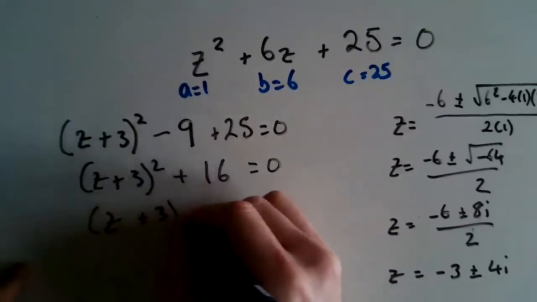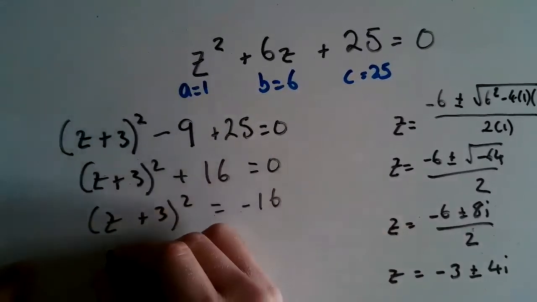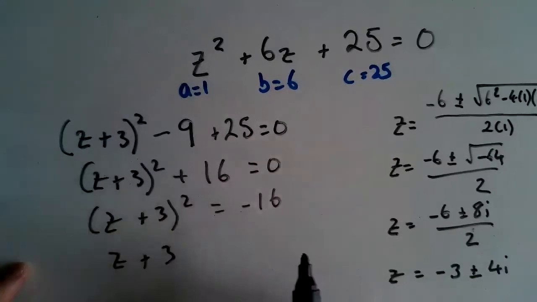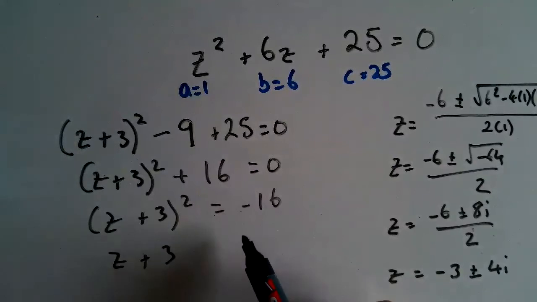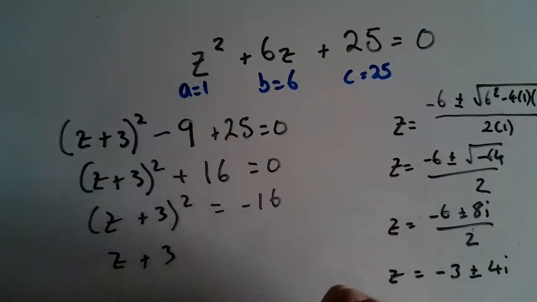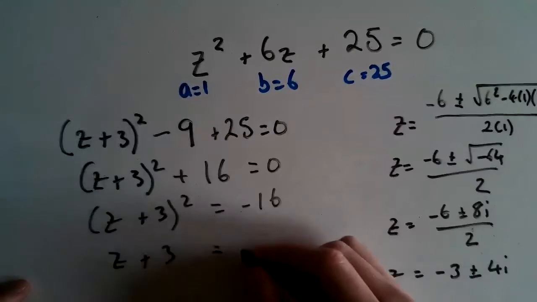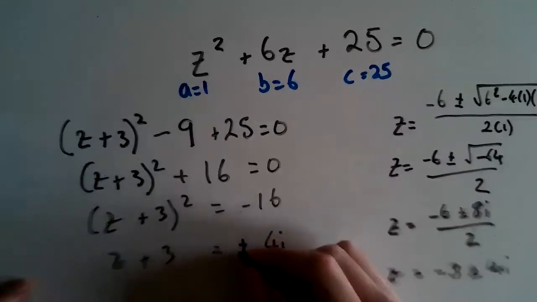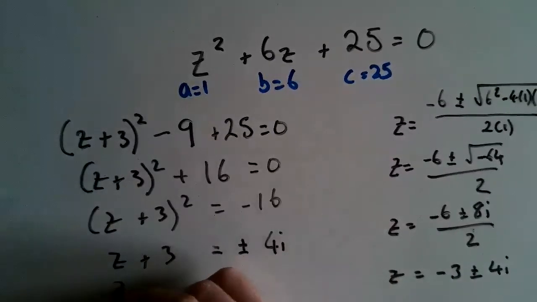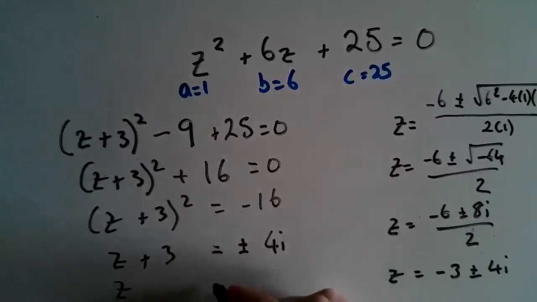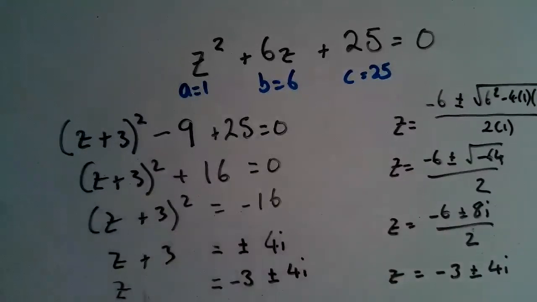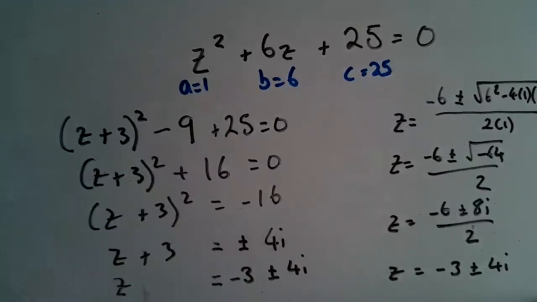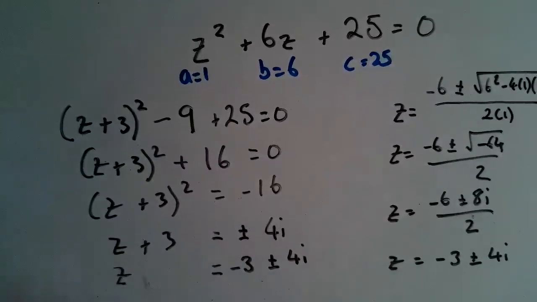Take the 16 to the side, so minus 16, and square root it. Root 16 is 4, so the square root of minus 16 will be 4i. Now remember plus or minus the square root of something, then take the 3 to the side, and we normally put the real numbers first, so minus 3 plus or minus 4i. Same answer with both methods, you choose whichever one is best for you.